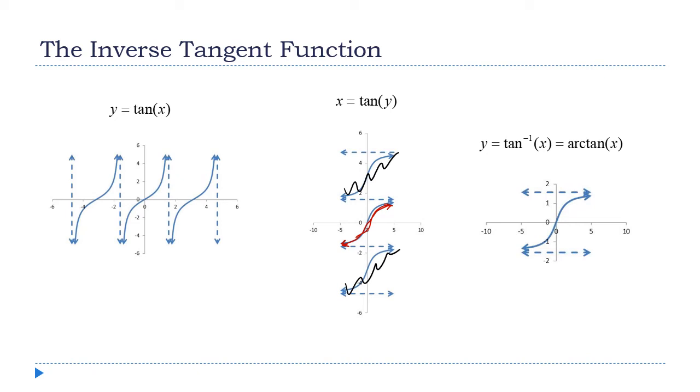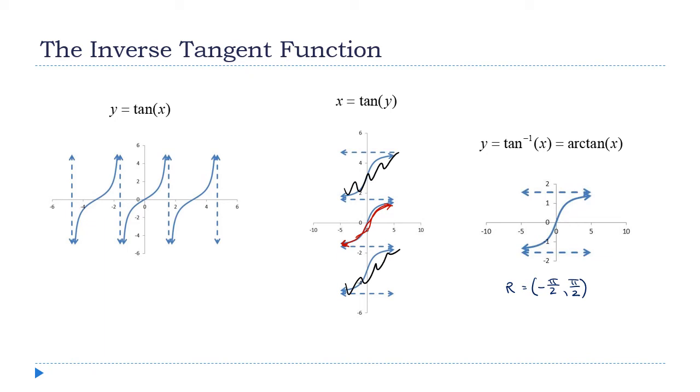So the range of the inverse tangent is going to be numbers from negative pi over 2 up to pi over 2, and be careful with these. I'm actually not going to include negative pi over 2 and pi over 2, because if you look at the graph, those are asymptotes.